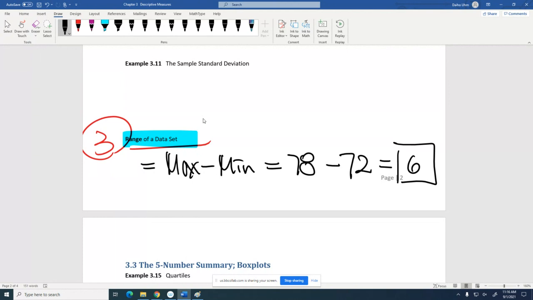But now the range is the name of a statistic. It must be a single value. So simply take the difference between the maximum and minimum. It will be the measure of the variation, the range. 6. Good, right?